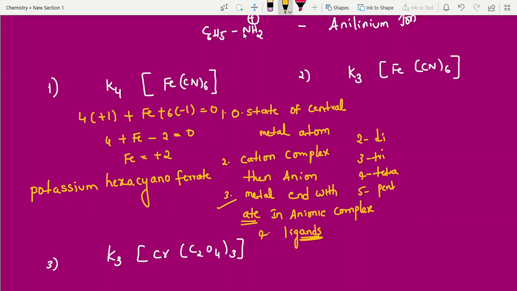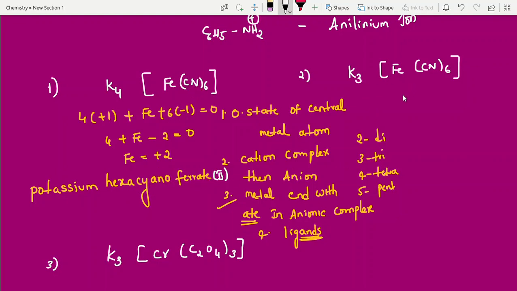And what is the oxidation state, students? Oxidation state is 2. We have to write it with a Roman number. So first the cationic complex we write, next the anionic complex. While writing the anionic complex, first we write the ligand, hexacyano. How many ligands here? 6 ligands, that is cyano, hexacyanoferrate.